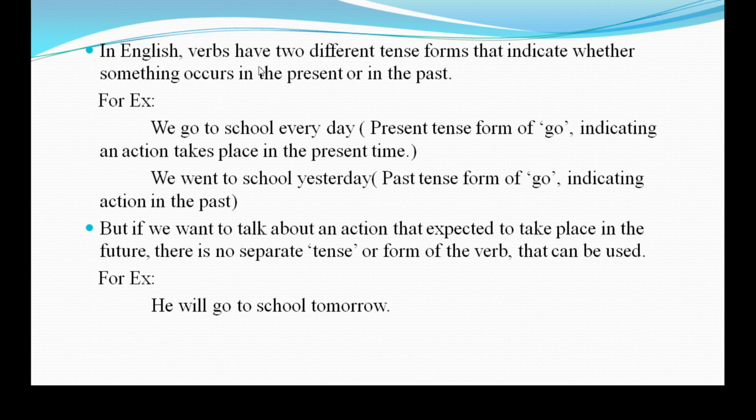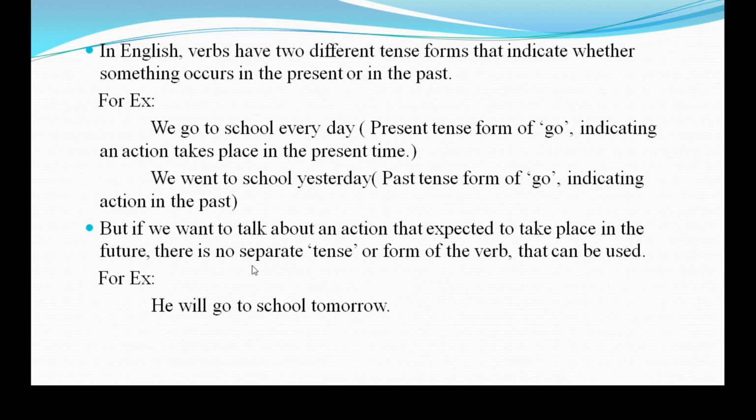For example, we go to school every day. Here the present form of go indicates an action that takes place in the present time. And if you look at another example, we went to school yesterday. Here the past tense form of go, that is went, indicates an action in the past.